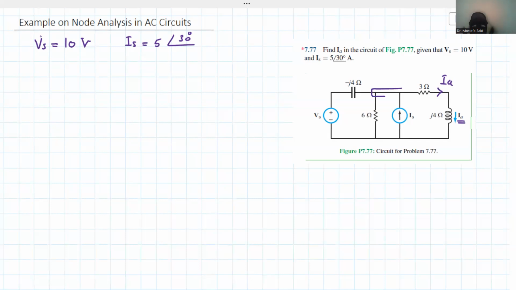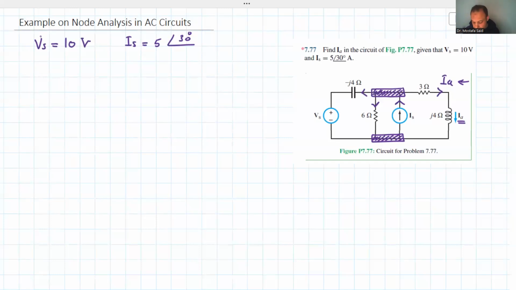This node here has actually 4 branches: a branch here, a branch here, this branch with the current IS, and a fourth branch with the current IA. And this is the second node that also has 3 or more branches.